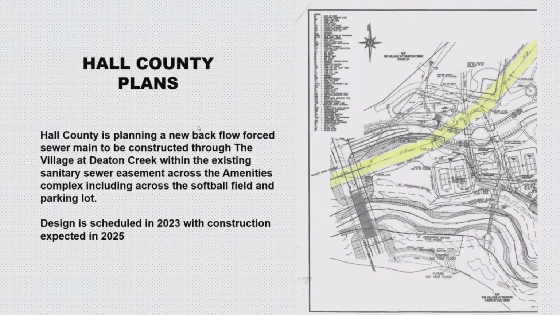They're going to come through and put a forced main sewer in and pump it from east to west over to a substation that they're going to build on the other side of Reunion. They're designing it now, they tell us, and it will be constructed, they say, in 2025. Next slide, please.